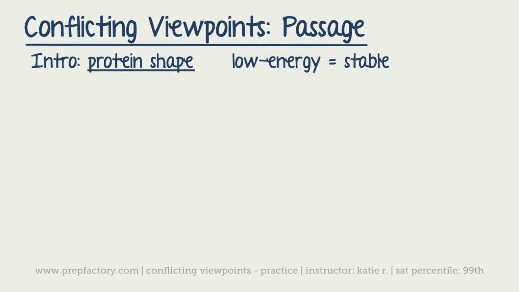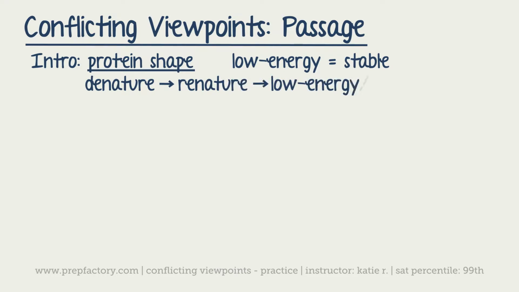And it also says a protein denatures and then renatures. So it has to denature to renature. That seems important. So denature to renature. And that's all talking about low energy or stable.